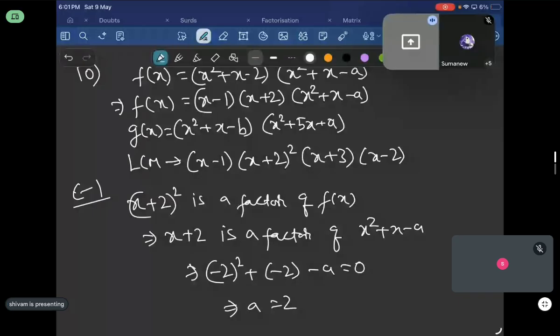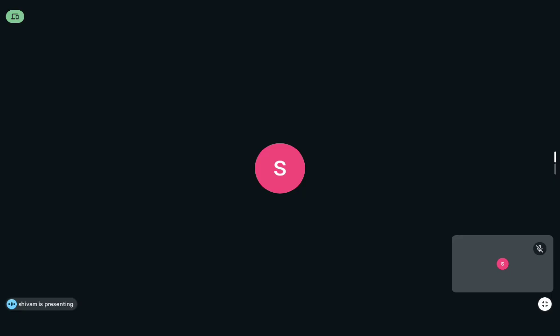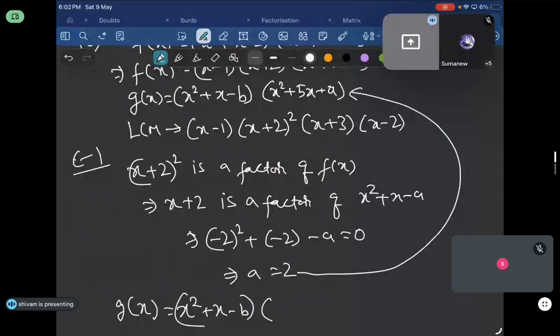Tell me. g of x becomes x square plus x minus b into x square plus 5x plus 2. Will you be able to factorize x square plus 5x plus 2? Tell me. Is it possible? What is that discriminant? Discriminant is not a perfect square. Yes, sir. Not possible. So this case is discarded. It's not possible only. Right?